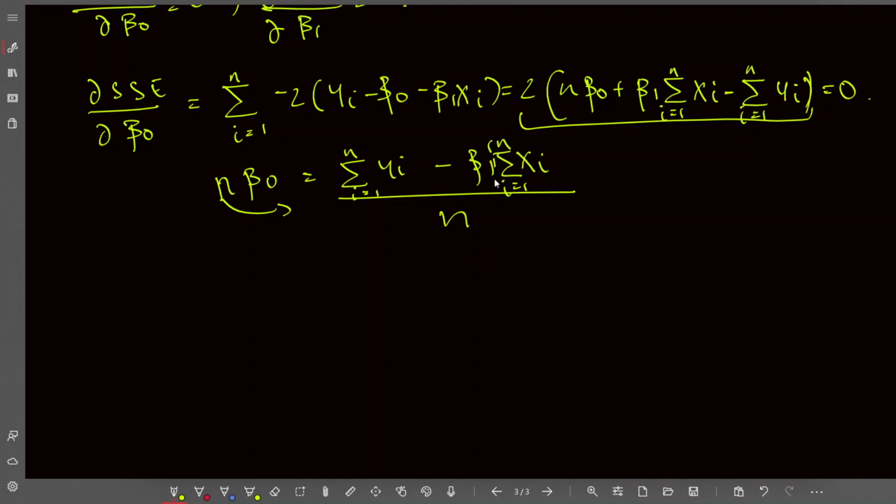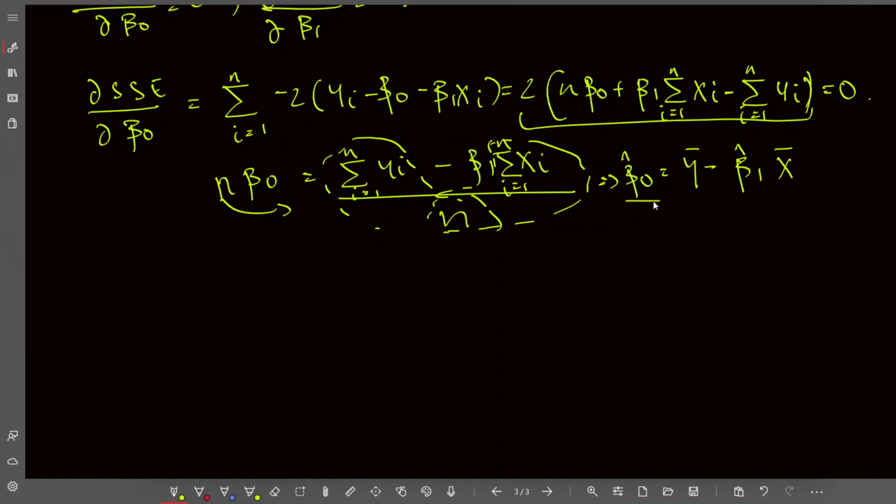Similarly, this also becomes the mean. So I can write my value of beta naught as, this is beta naught predicted, everywhere it's beta naught predicted, so I can write beta naught as y mean, the mean value of y, minus beta 1 predicted times x mean. So this is my value for beta naught.